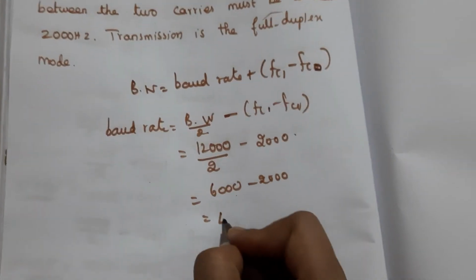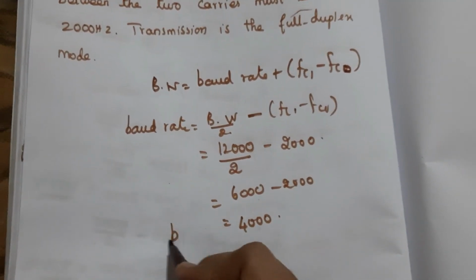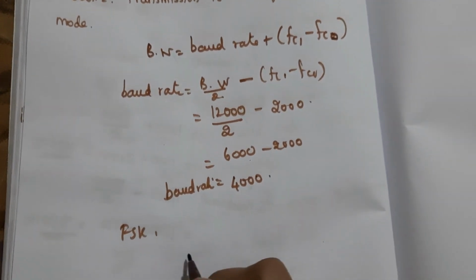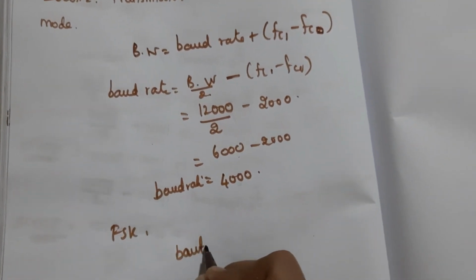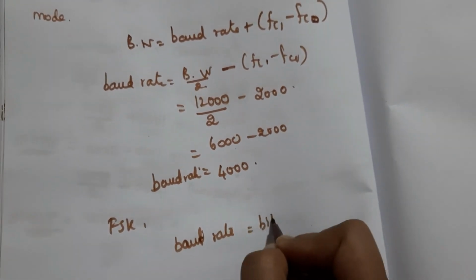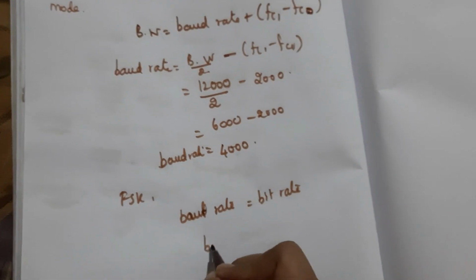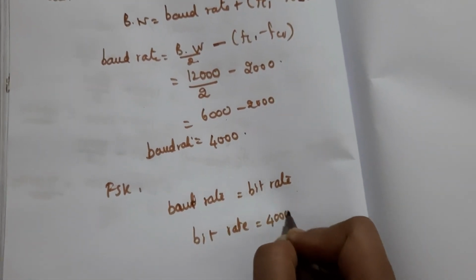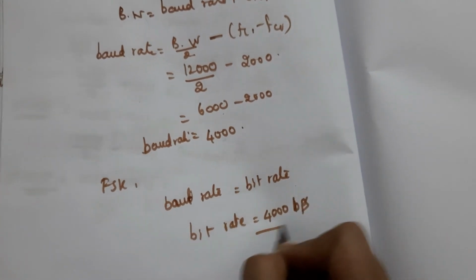The answer here is 4000, and this is the baud rate. In FSK, baud rate is equal to bit rate, so bit rate is equal to 4000 bits per second.